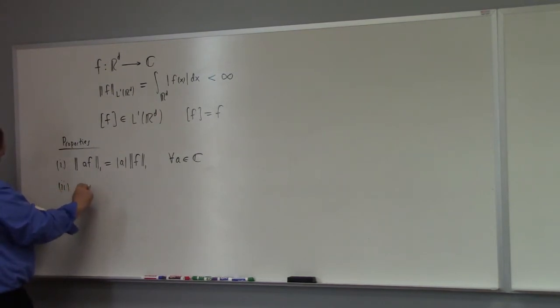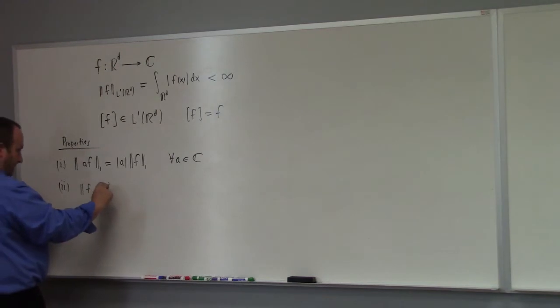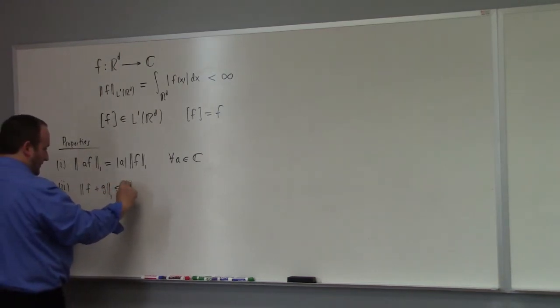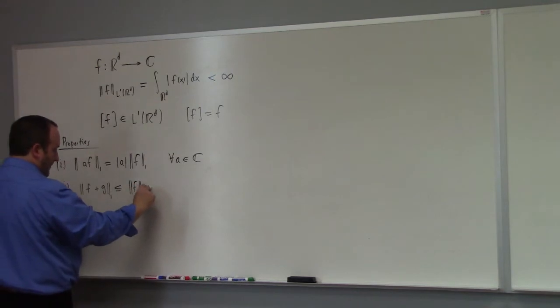The one norm of f plus g is less than or equal to the one norm of f plus the one norm of g.